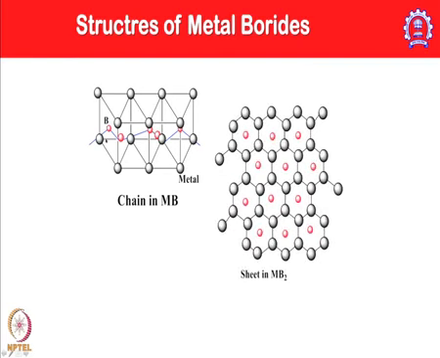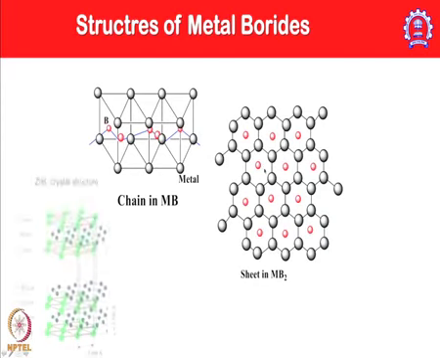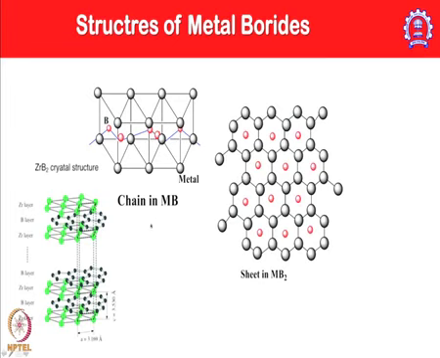And in this sheet case, you can see a metal sheet is there, and below that a boron sheet will be there. So, they are arranged alternately in this fashion. For example, if you look into zirconium boride, you can see here the green one is the zirconium layer, the next one beneath that is a boron layer, and below that you have again a zirconium layer.